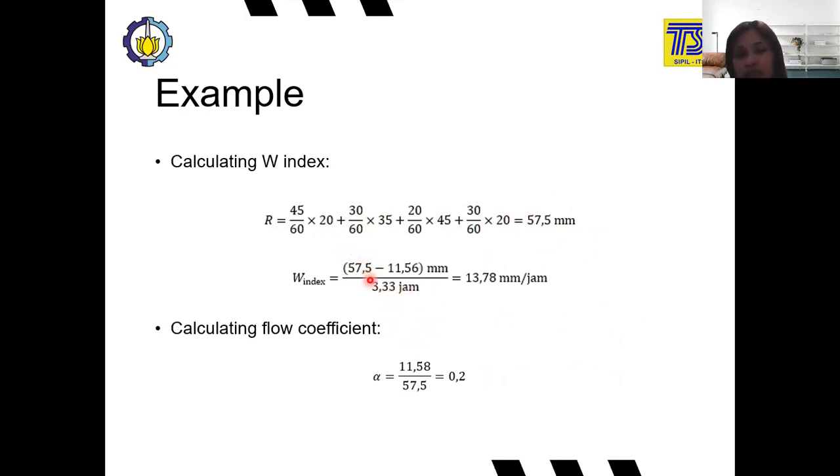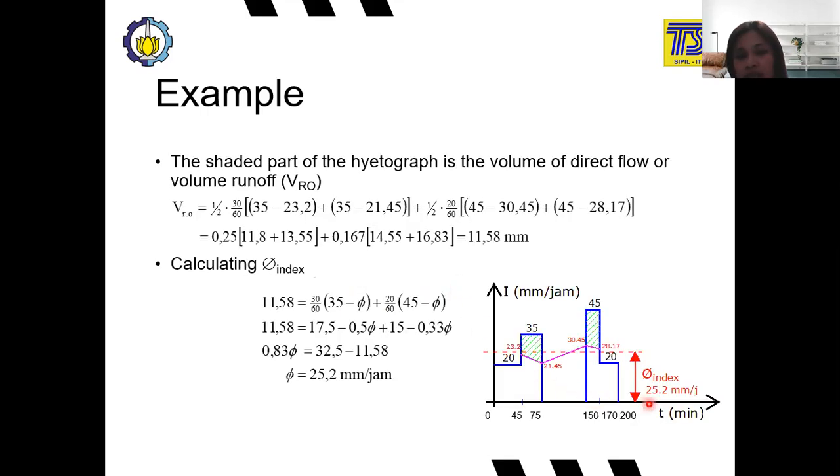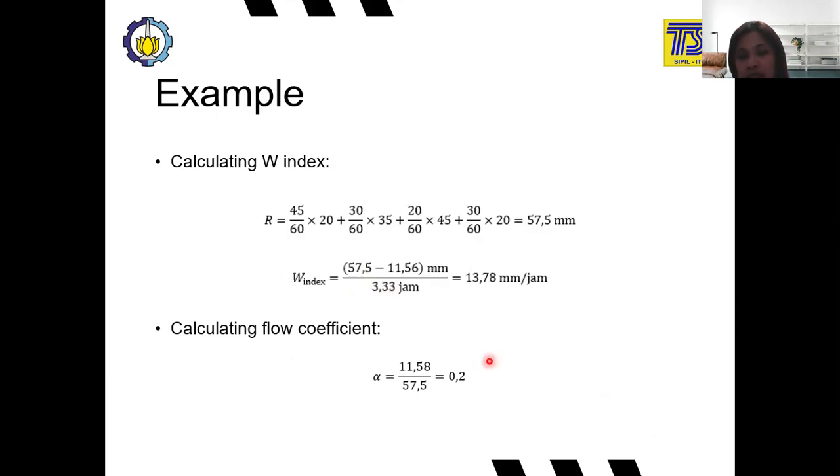calculate the W index by rainfall total minus rainfall effective divided by the time duration of the rain, which is 200 minutes, equal to 3.33 hours. And then we got this W index of 13.78 millimeter per hour.